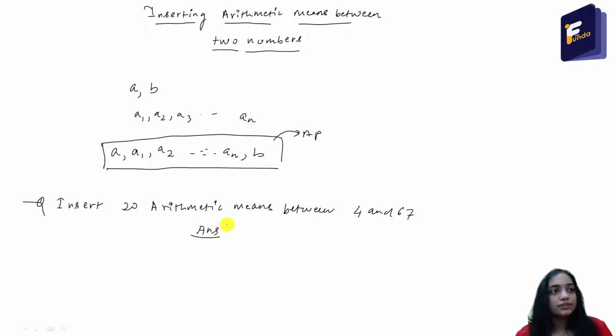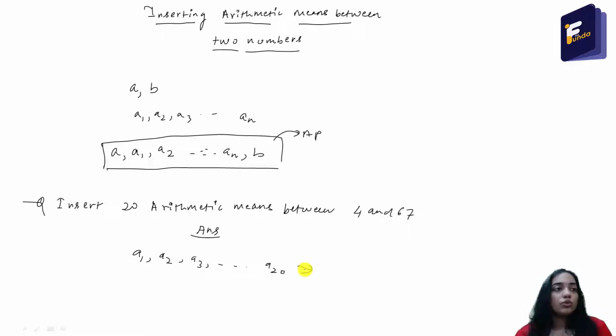So the answer is: now we have to insert 20 arithmetic means between 4 and 67. Let those 20 arithmetic means be A1, A2, A3 up to A20. These numbers are known as arithmetic means between 4 and 67.